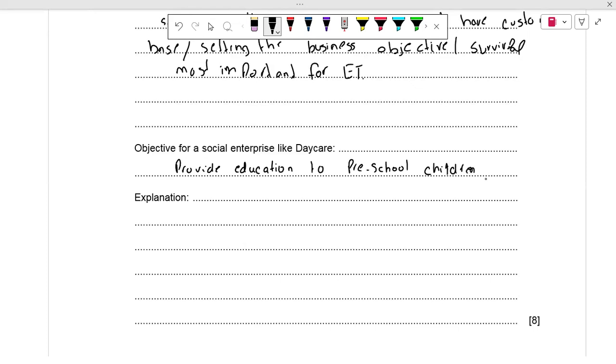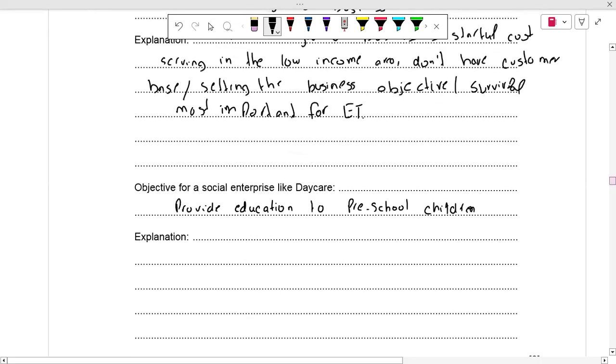This is the objective of the enterprise. And you can also see the case study.